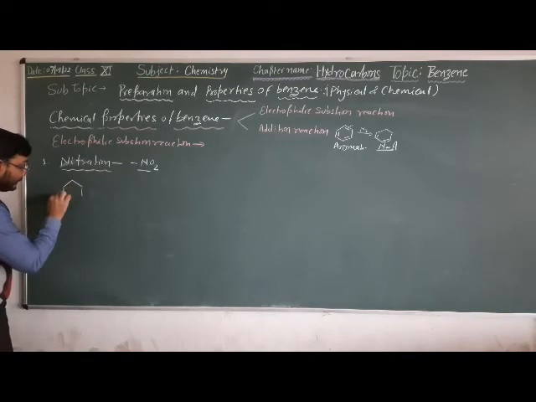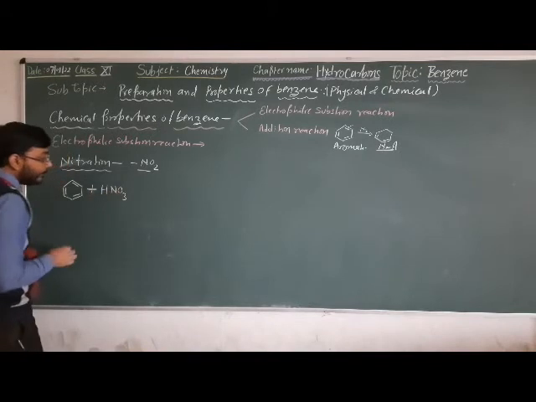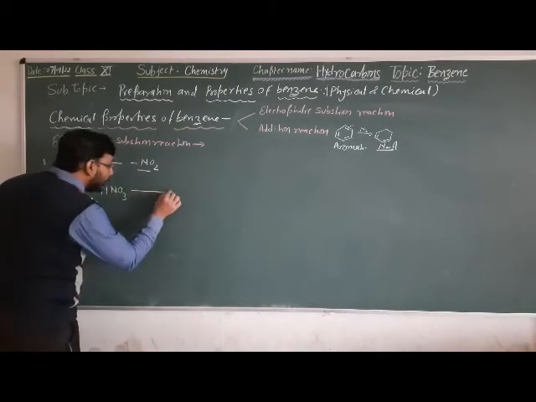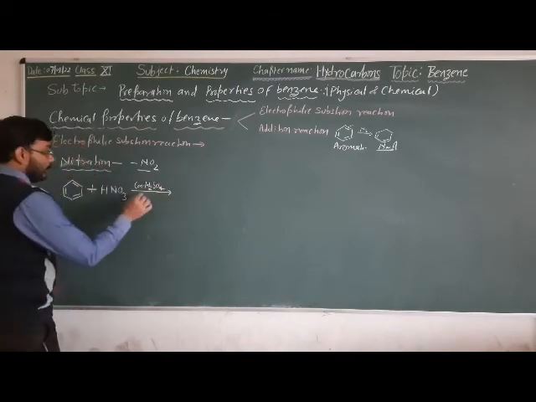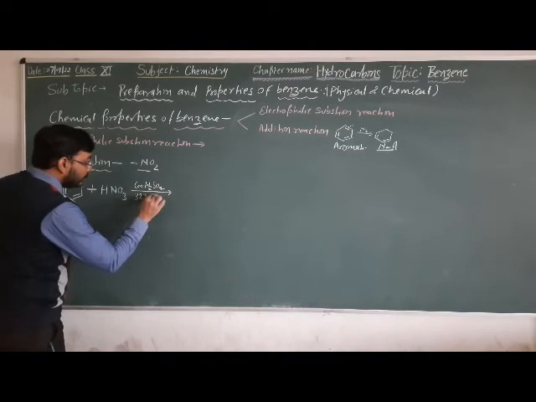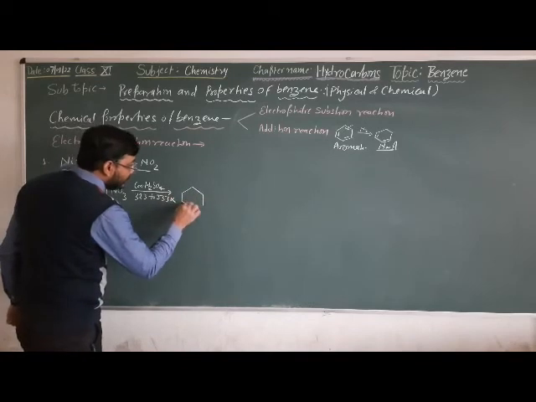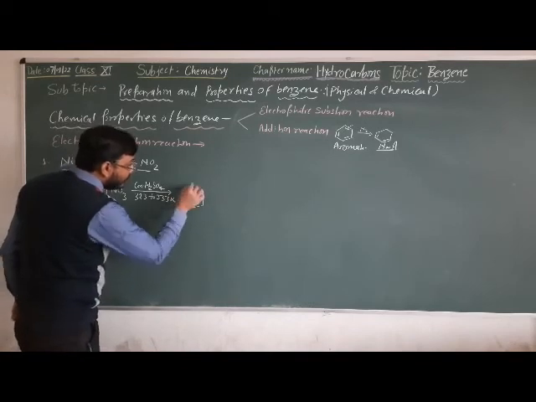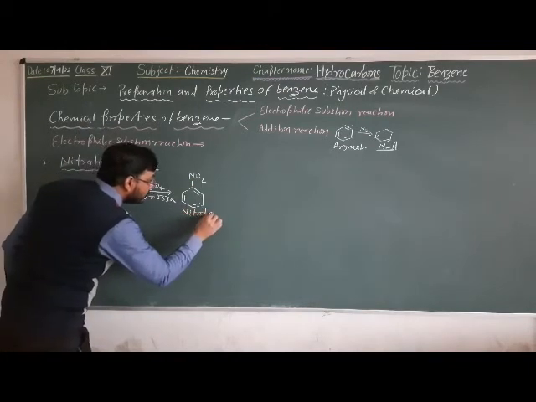Here this is our benzene, and nitration takes place in the presence of HNO3 and concentrated sulfuric acid at a temperature range of 323 to 333 Kelvin, and we get nitrobenzene.